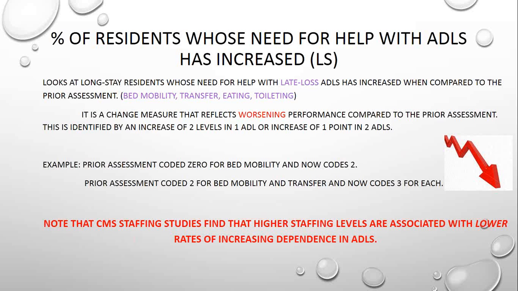Prior assessment codes 2 for bed mobility and 2 for transfer and now codes 3 for each. That would trigger, you went up 1 level for 2 different areas. Okay, and when CMS is looking at all these types of things, they really feel as though all of their staffing studies have found that higher staffing levels are associated with lower rates of increasing dependence in ADLs.